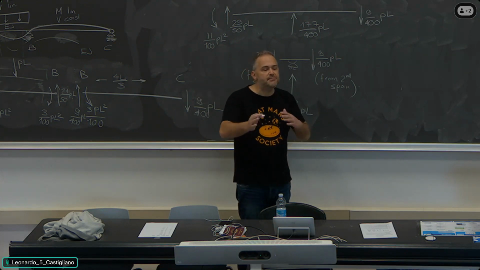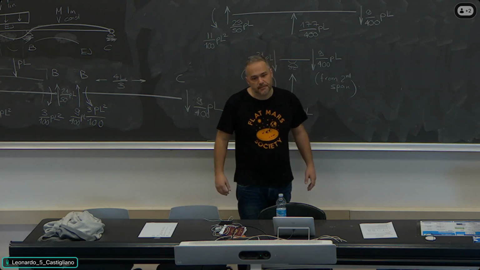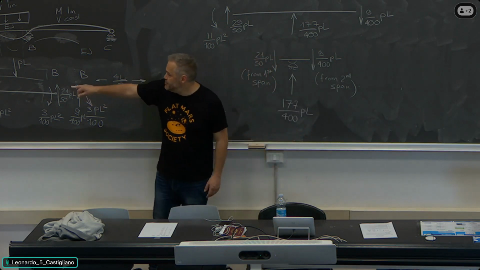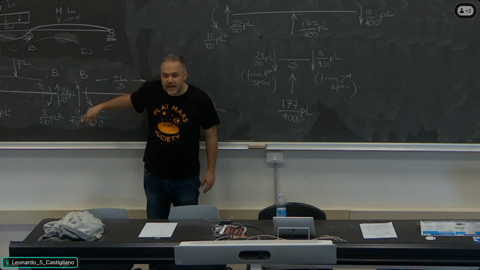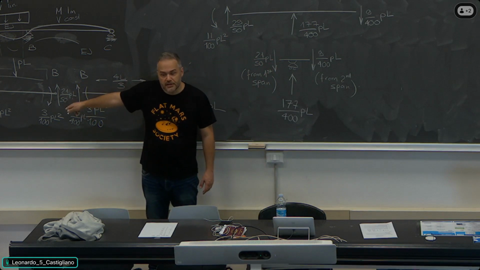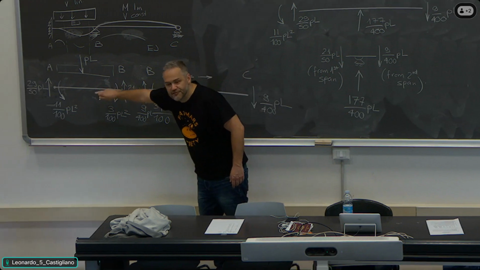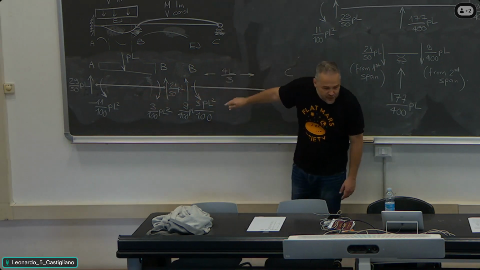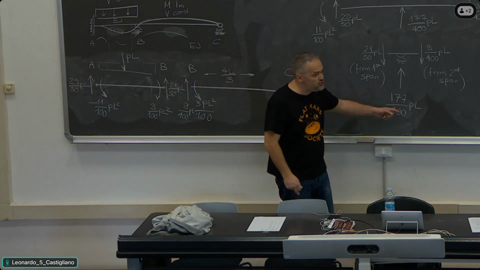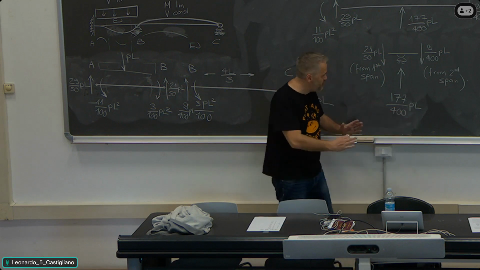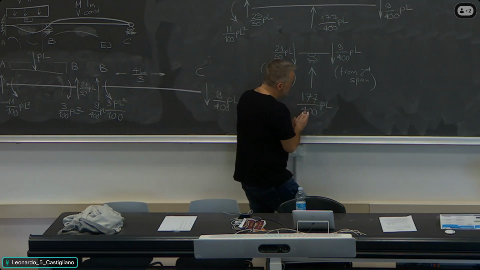What is the difference between shear force and restraint force? When I design the beam, what is relevant is the shear force. Because at no point in the first span, at no point in the second span, there is a shear force which is equal to this one. You have to see it like this. This is the force applied.